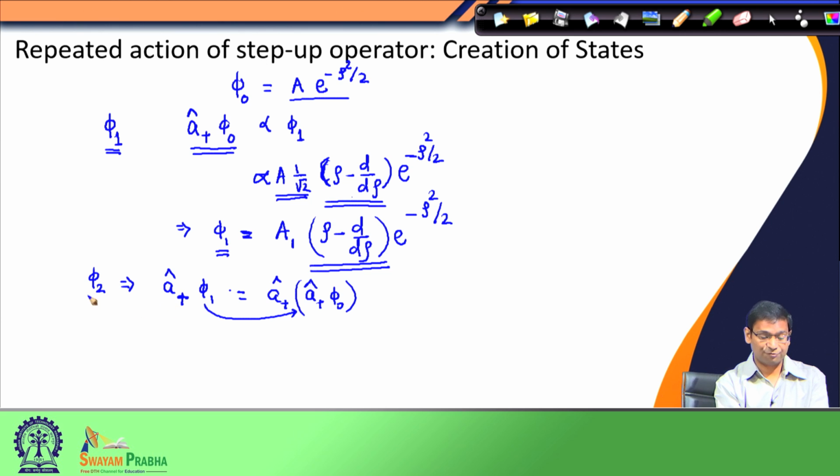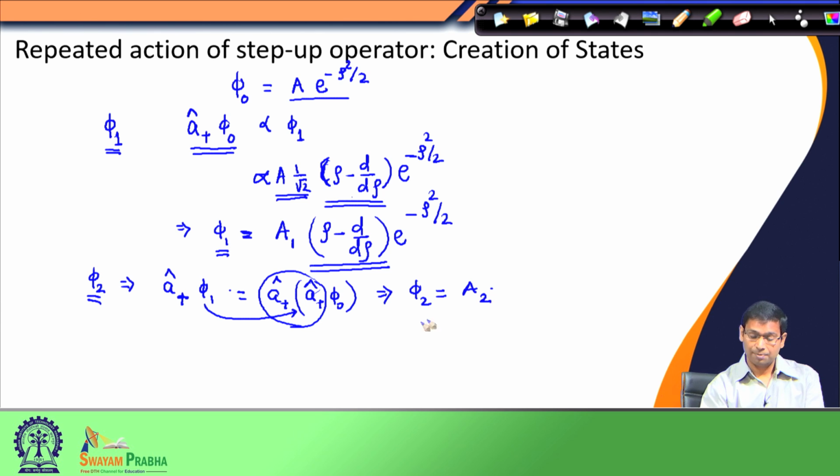So, to obtain phi 2, I have to apply this a plus operator twice. I can write this phi 2 as some normalization constant a 2, since I have to individually normalize this eigenfunction, multiplied by this operator, the a plus operator, rho minus d by d rho, applied 2 times.